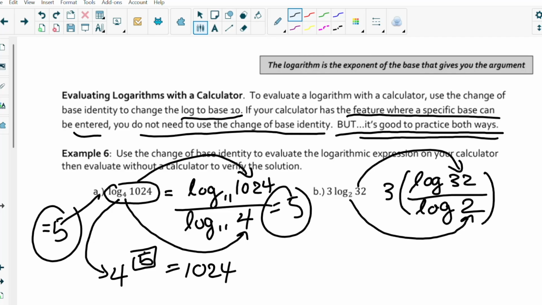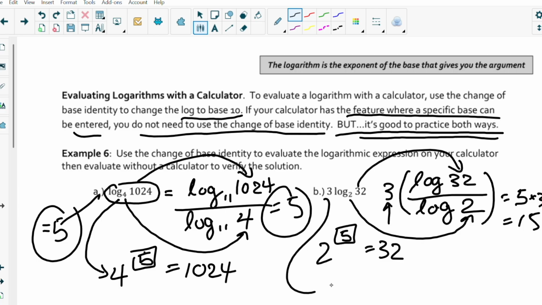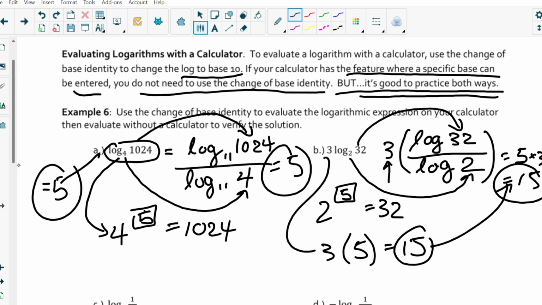So common log of 32 divided by log of 2 is 5, and then I have to multiply by 3, 3 times 5, 15. Checking: log base 2 of 32, 2 raised to what exponent equals the argument, 32? Well, that's 5. So 3 times 5 equals 15. Same.